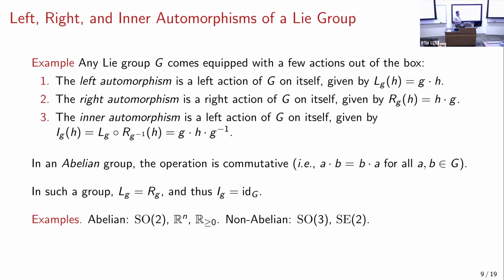If I rotate some angle, when I wrote it out with the R of theta, those things just add together, and addition is commutative. On the other hand, 3D rotations or even 2D pose transformations, so homogeneous transforms in 2D space, don't have this property. The order in which you compose them matters, and so those are non-abelian groups.